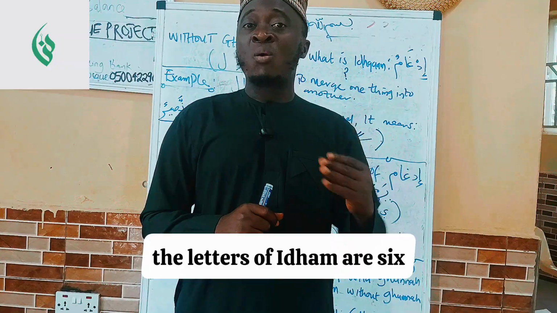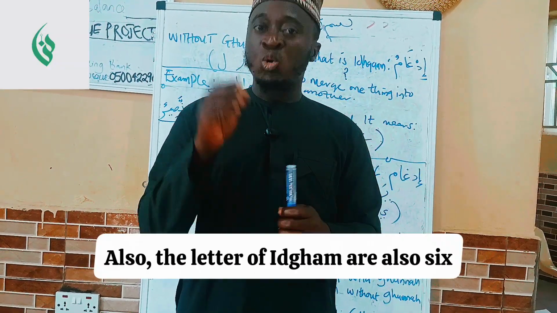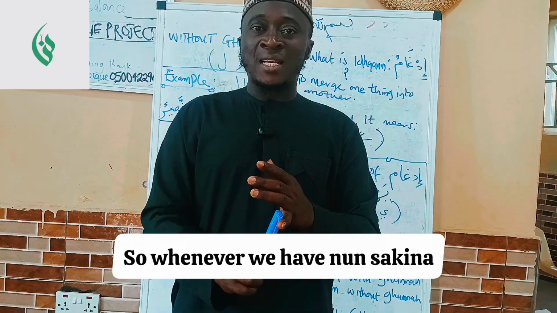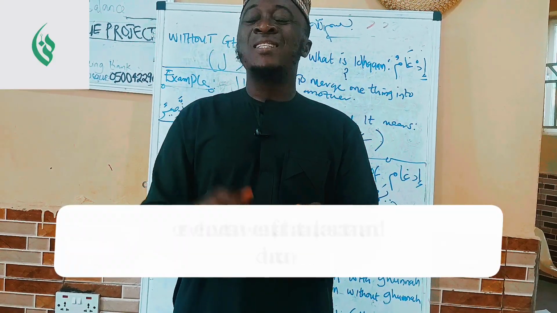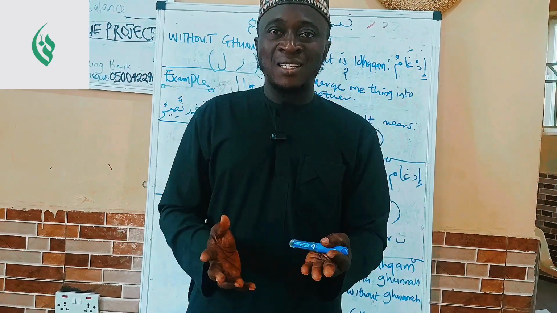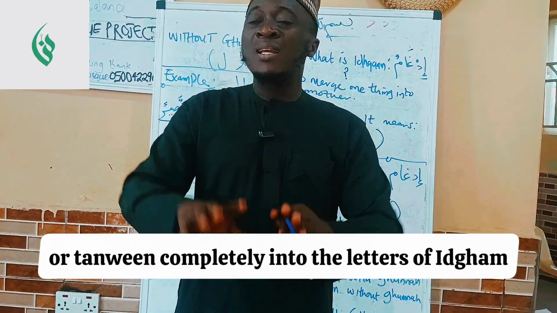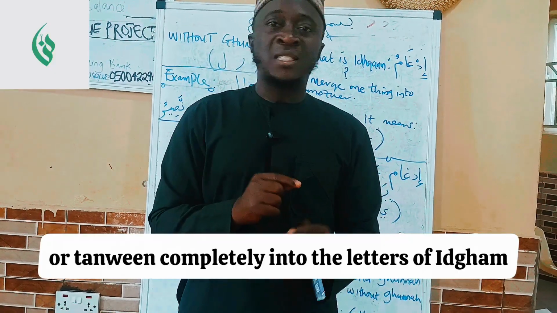The letters of Izhar are 6, and the letters of Idghām are also 6. So whenever we have Nun Sakinah or Tanween, then on Idghām we are going to insert that Nun Sakinah or Tanween completely into the letters of Idghām.